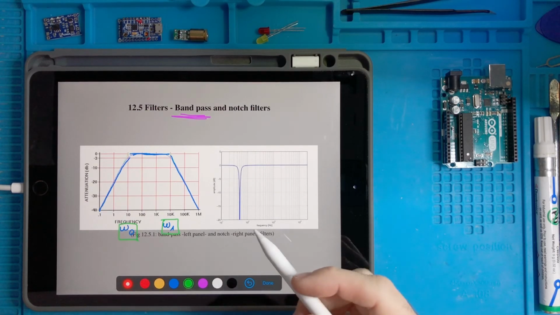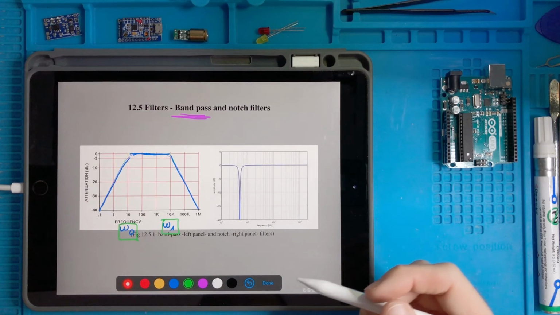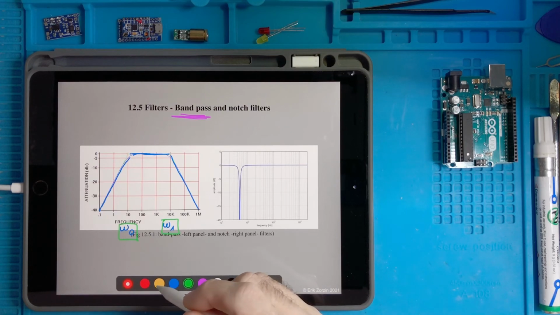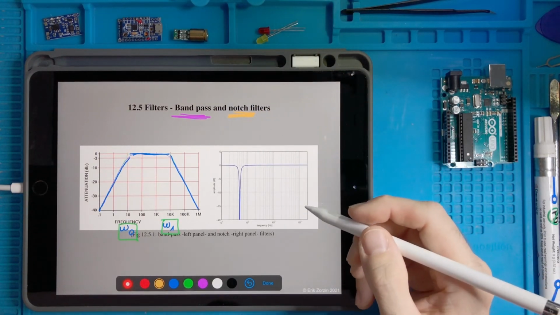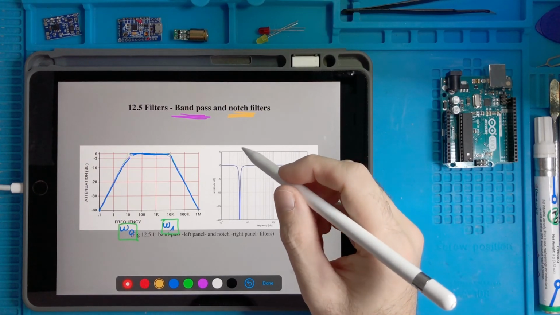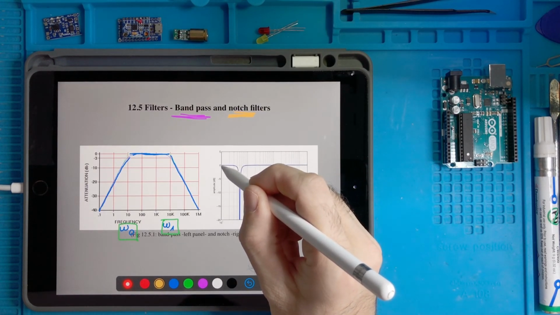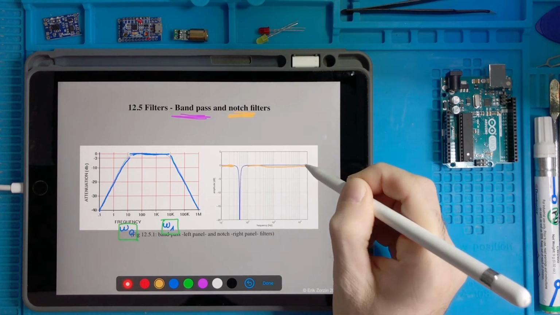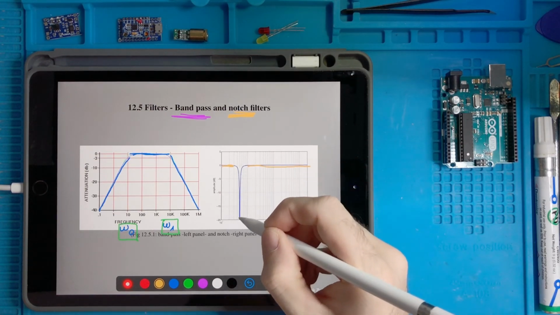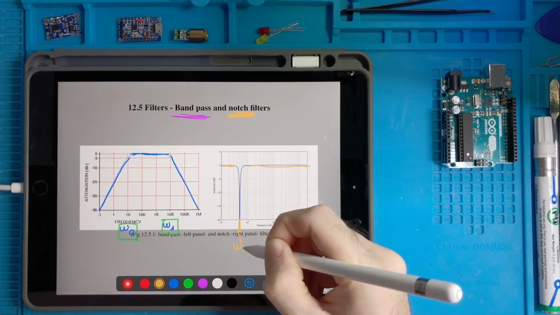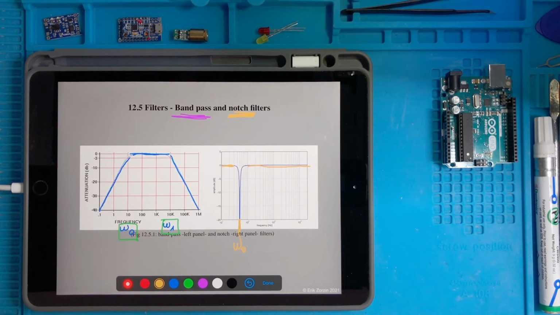And this can be done with such kind of analysis. Then another important filter is the so-called notch filter, which makes everything pass from the input to the output, except a very narrow band, ideally one frequency, centered around a certain value omega 0.